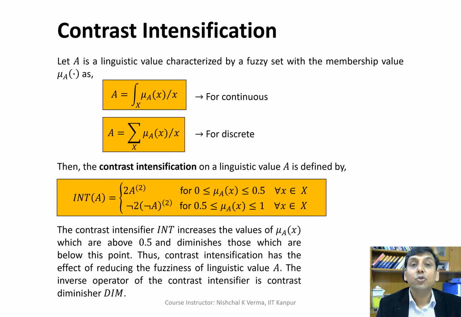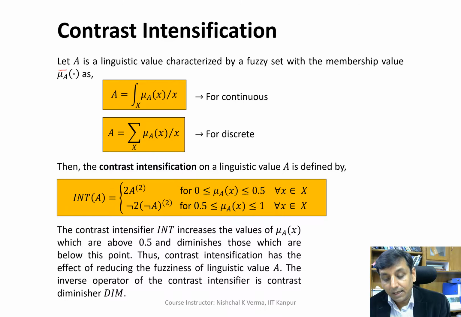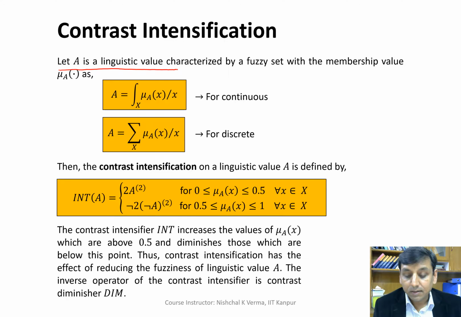So let us assume that we have a fuzzy set A, and this fuzzy set is for a linguistic value. So in other words, we have a linguistic value, which is characterized by a fuzzy set.